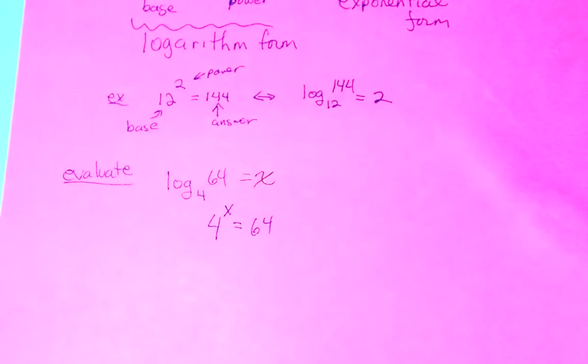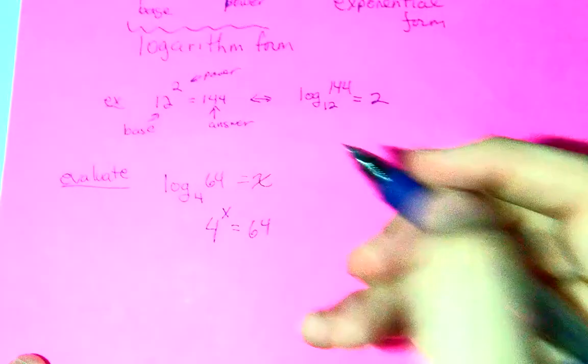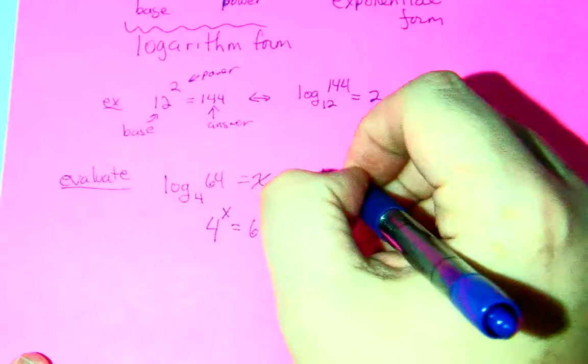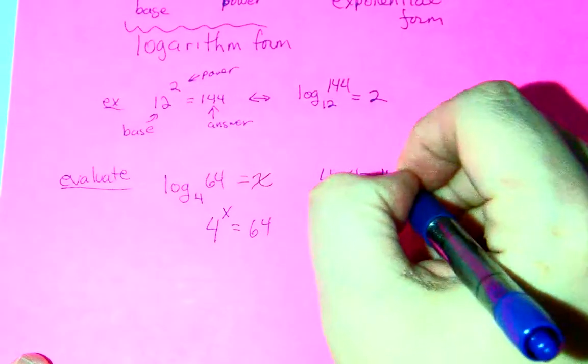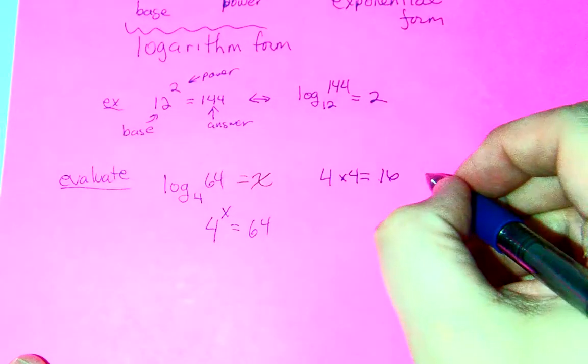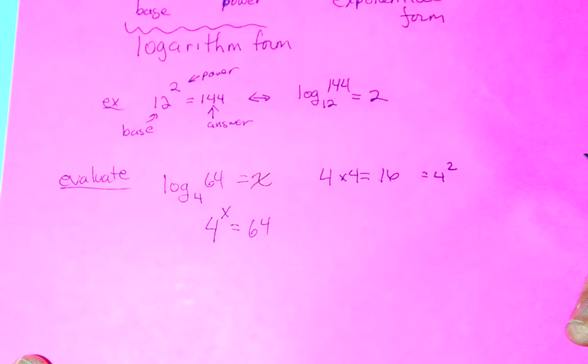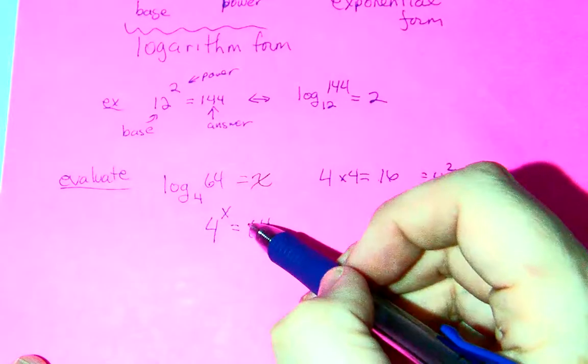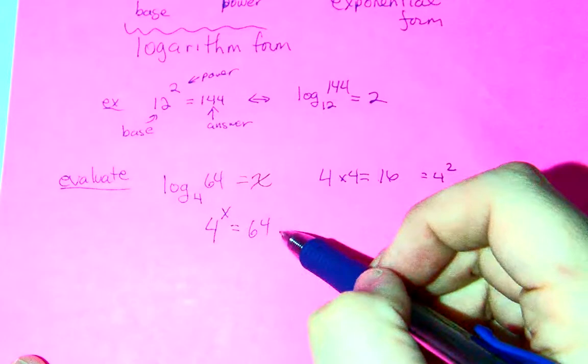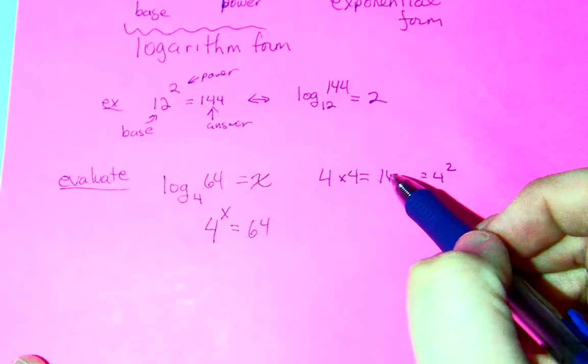Now, if you don't have a calculator and you don't know your powers that well, then just take 4 times 4, and you get 16. This is 4 squared. So I already know that x isn't 2, because I need x to be the power that gets me to 64, but it only gets me to 16.